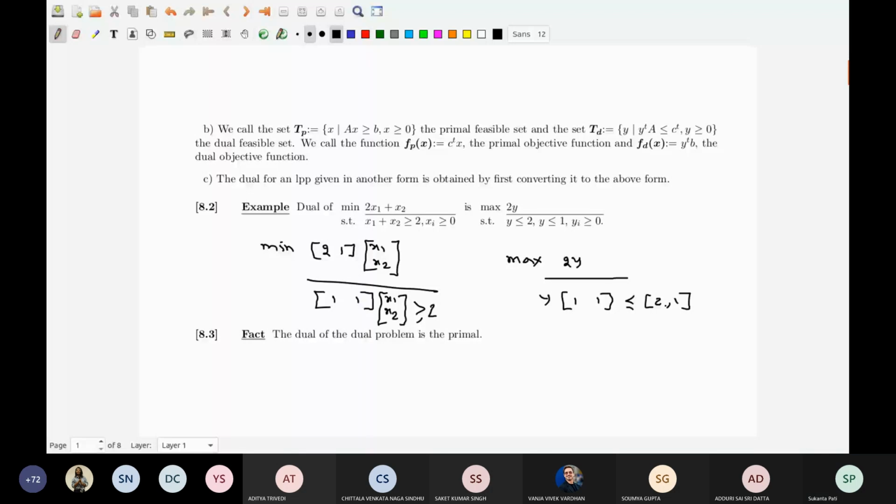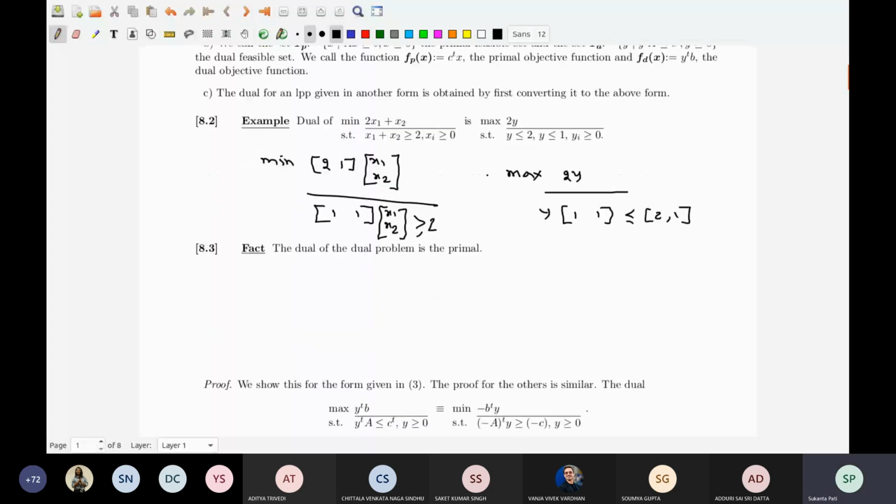Okay. Now suppose I want to write the equivalent of this one.